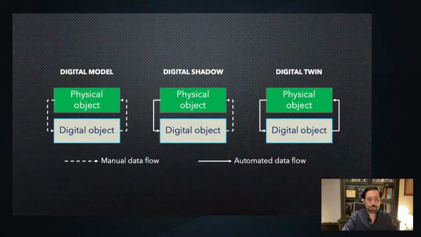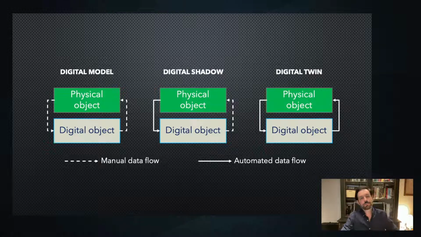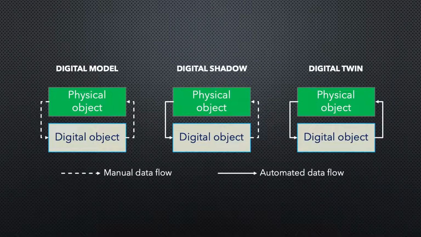Let me show you the most important slide in this video. This is the most important concept that you will understand and you will learn today. We have many people calling digital twins to a digital model.